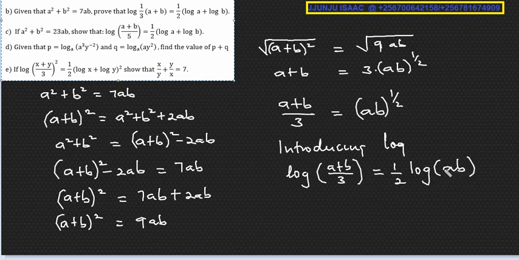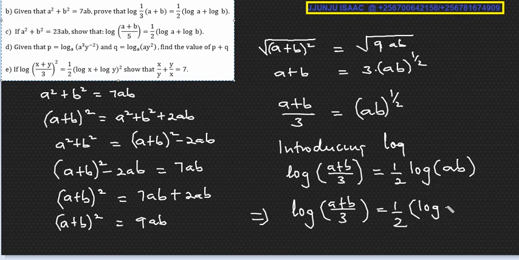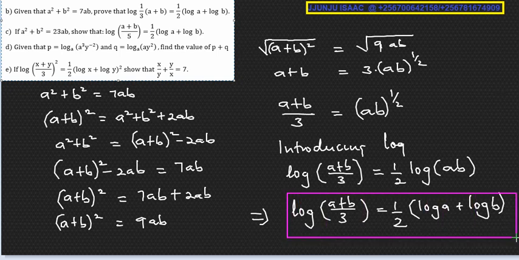And what do we know when there is a product, we shall be separating and we add. Hence, this log of (a + b)/3 is equal to a half, then we shall be having log a plus log b. So this is what is required in the question.